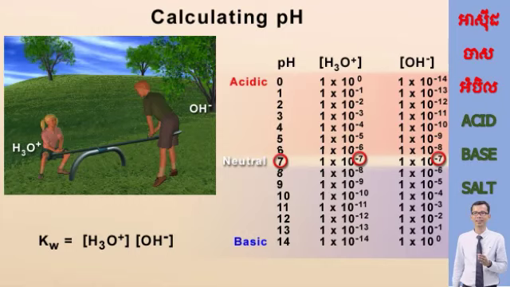When one child goes up, the other must go down, and vice versa. If the concentration of hydronium ions decreases, then the concentration of hydroxide ions increases, and likewise, if the concentration of hydronium ions increases, then the concentration of hydroxide ions must decrease.